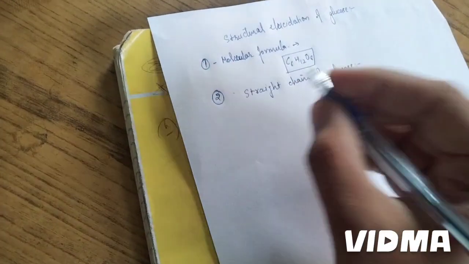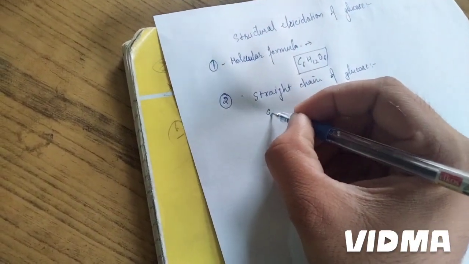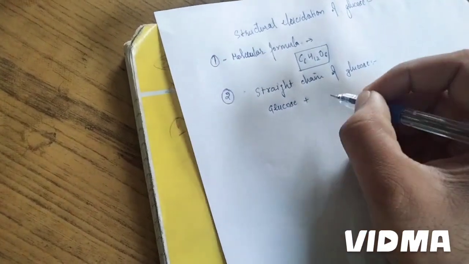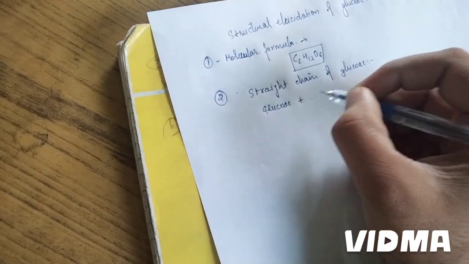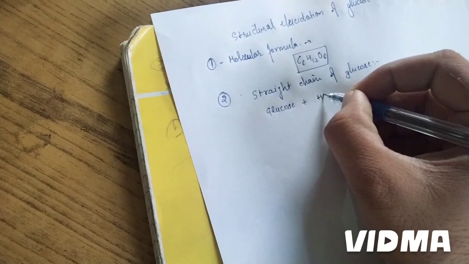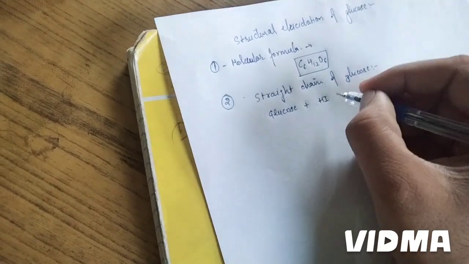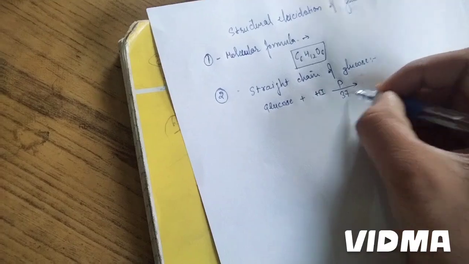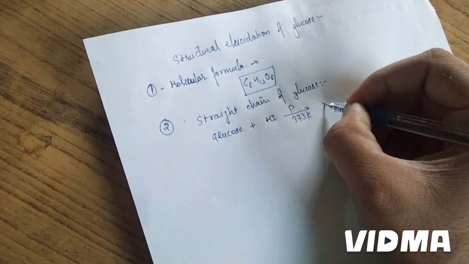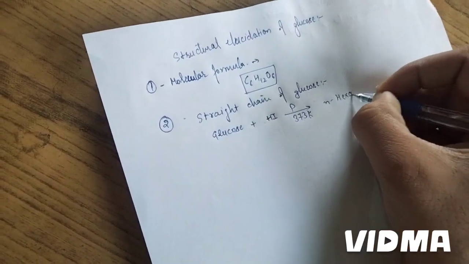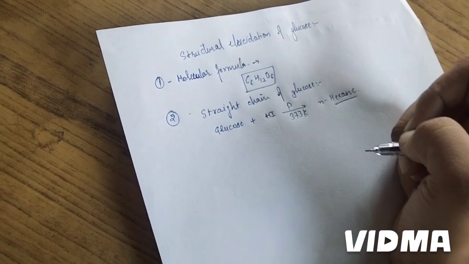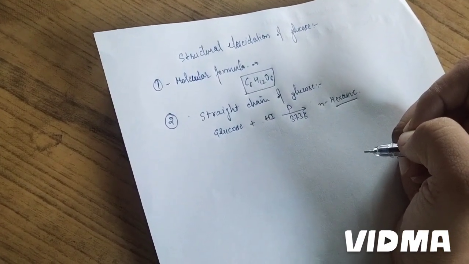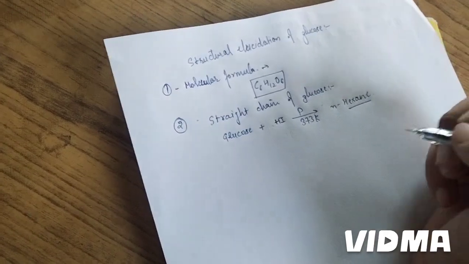So for this, the glucose was reacted with hydroiodic acid in the presence of phosphorus at 373 kelvins. It gives n-hexane, which confirms the presence of a straight chain in the structure of glucose.